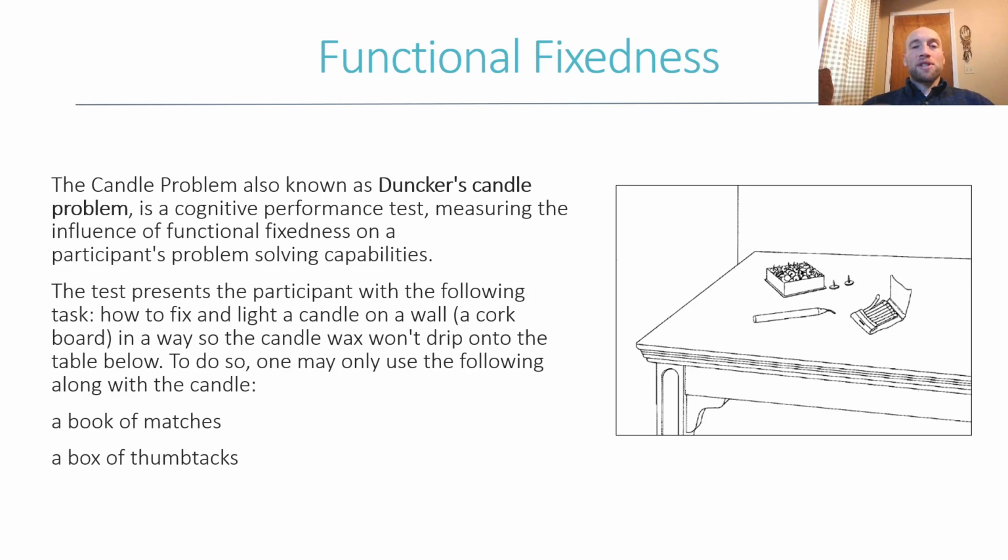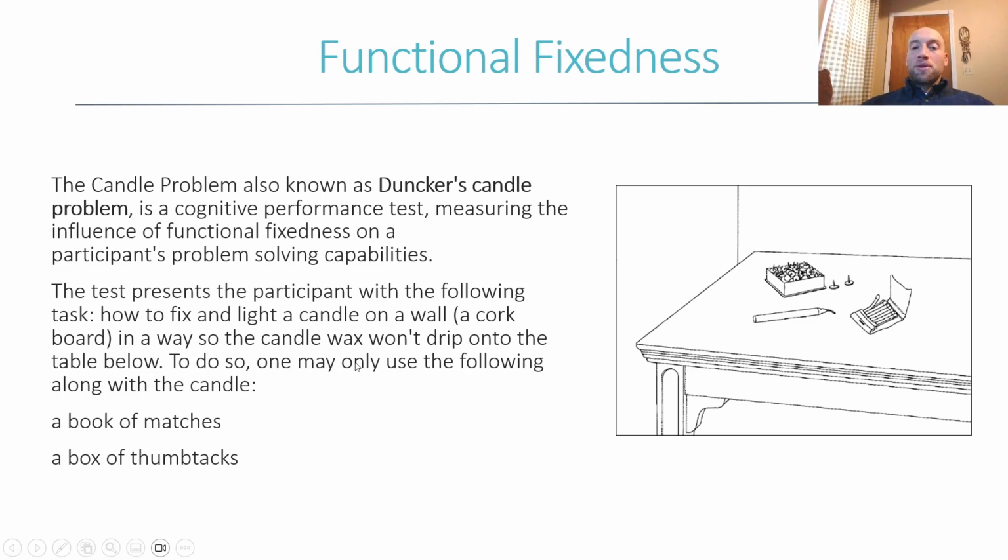One of the quintessential examples of this is something called functional fixedness. This was first proposed by Duncker, who had a problem which he gave to students. He gave them a box of tacks, a candle, and a match, and he said, okay, get this candle on the wall so that there is no wax dripping on the floor when you light it.